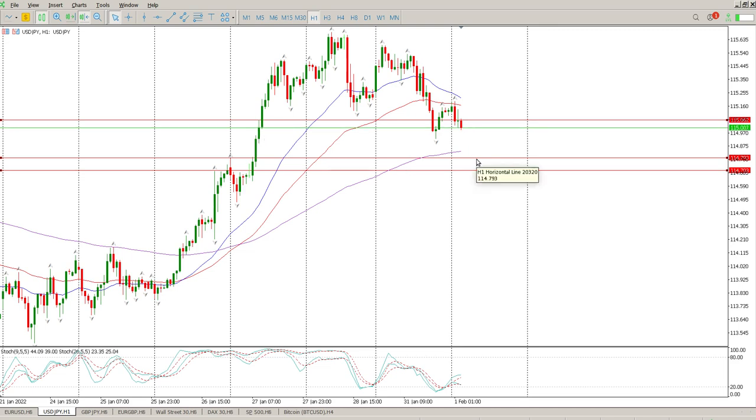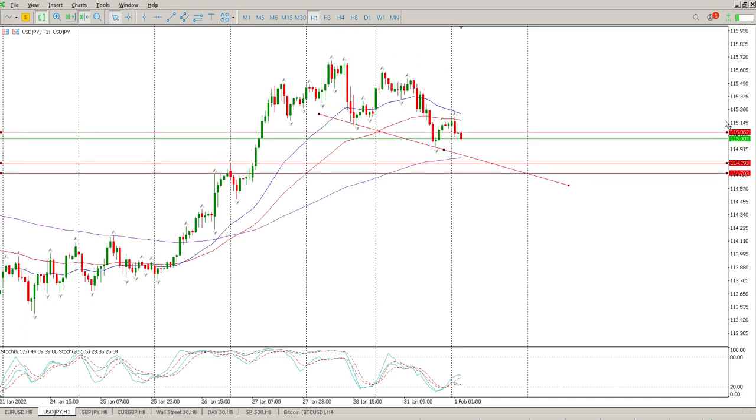Or alternatively, what we're looking for is 114.793 or 114.700. So basically what we're looking for is a bit of volatile price action up and down into this area. You'll more than likely find it's going to line up with something like that, and it's also going to line up with something like that.